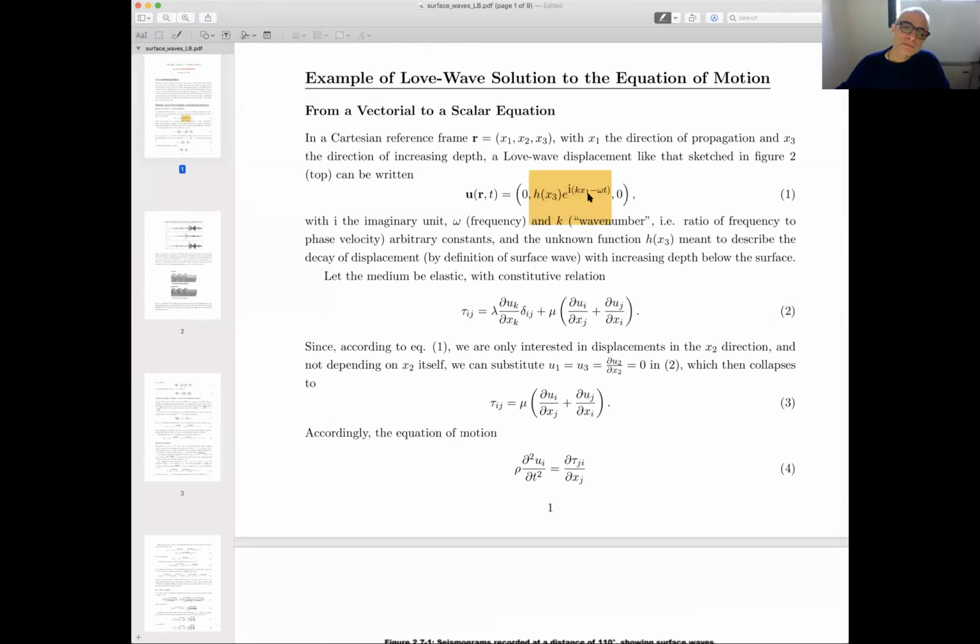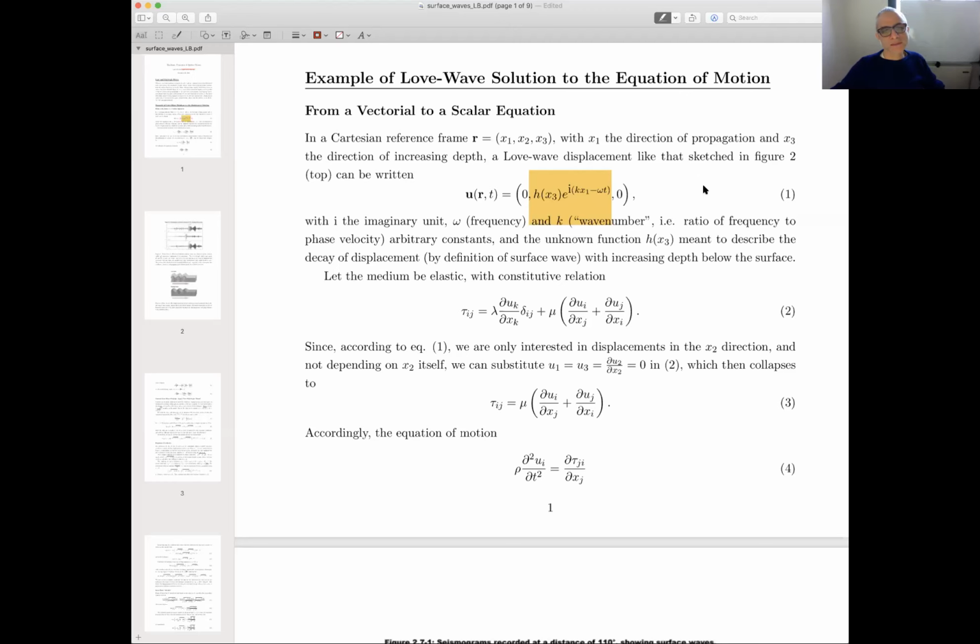So you see, there are two things that you have to remark. The first is that we separate the x3 dependence, the vertical dependence on depth of this displacement, from the horizontal dependence. The wave propagates in the x1 direction, and I don't remember if we looked at direction of propagation in 3D.